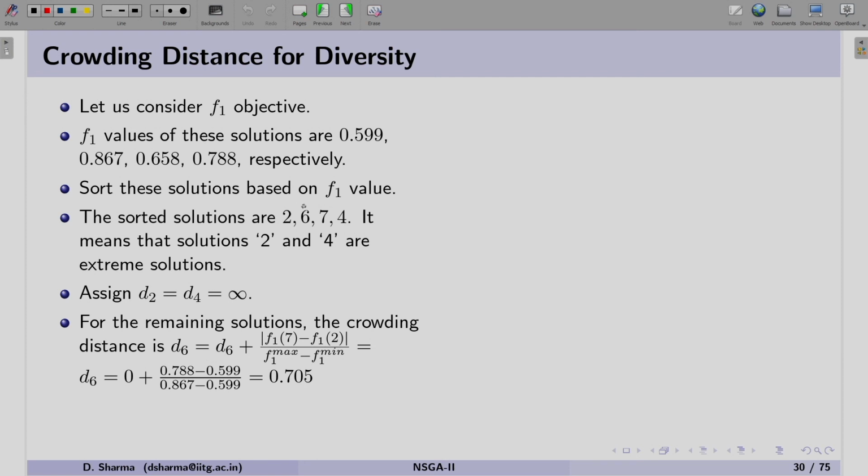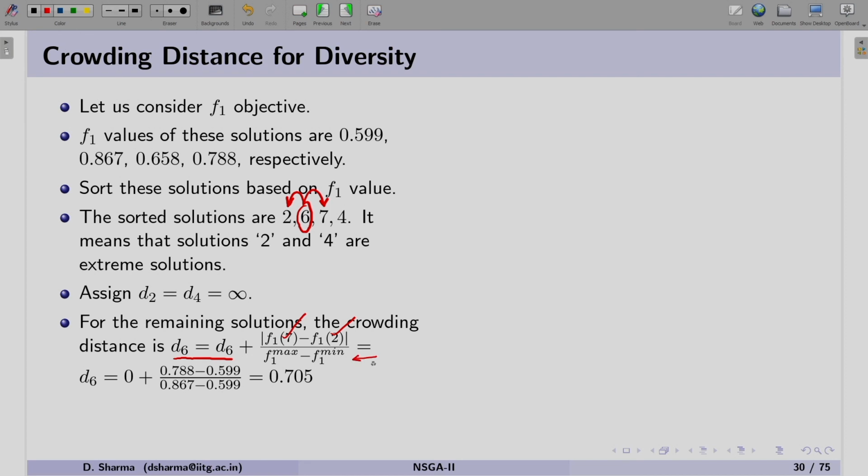Let us take solution number 6 first. For solution number 6, the neighbors are 2 and 7. So, therefore, the crowding distance D6 is equal to (F1 of 7 minus F1 of 2) divided by (F1 max minus F1 min).